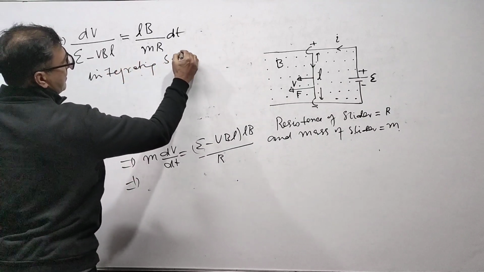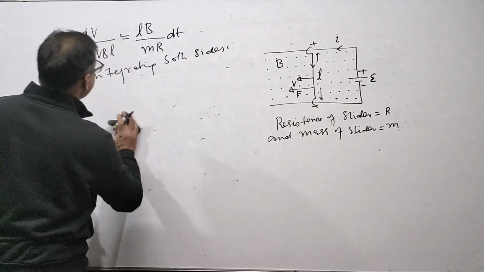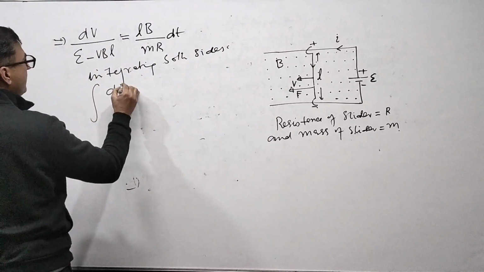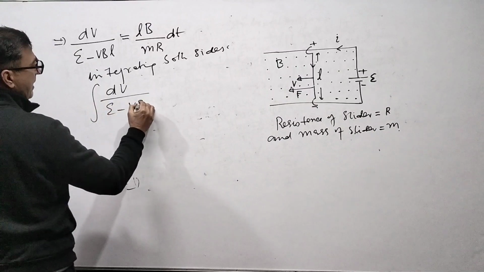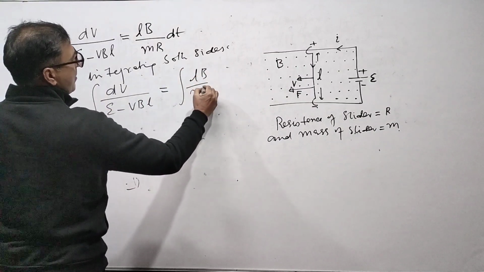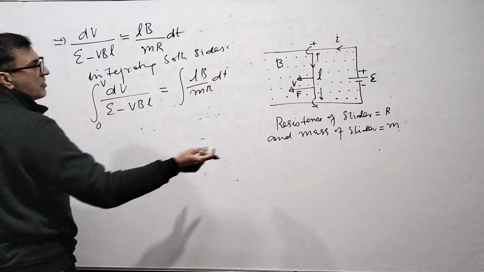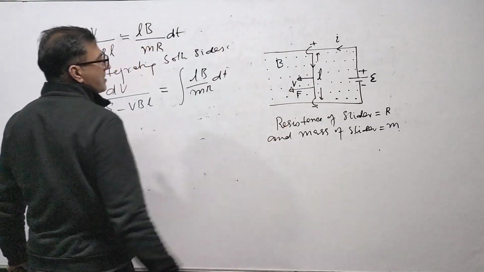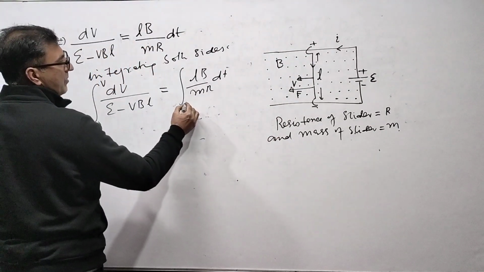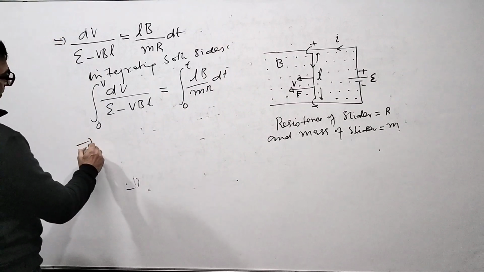So integration of dv by (E − VBL) is equal to integration of LB by MR dt. Integrate from 0 to v, because initial velocity is 0 when the slider starts moving, and initial time 0 to after any time t.